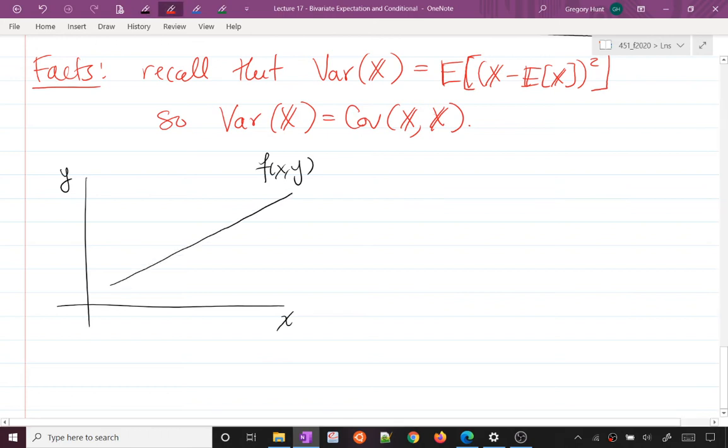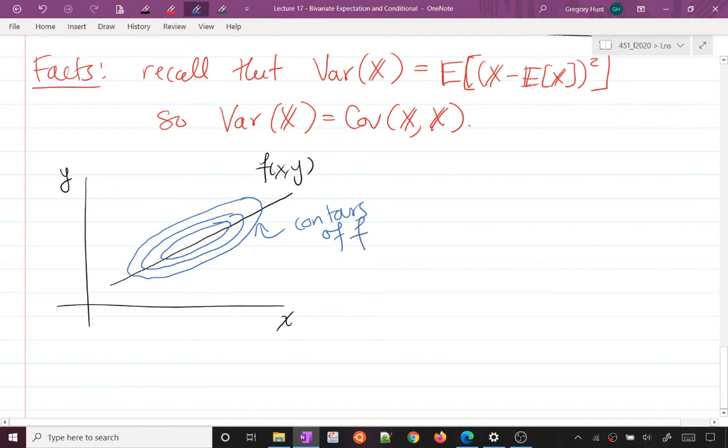And if I were to draw the contours of my PMF or PDF, so here are my contours of f, and they are kind of tightly packed around some straight line, in this case we would have a high positive covariance. So covariance is going to spit out a number, right?